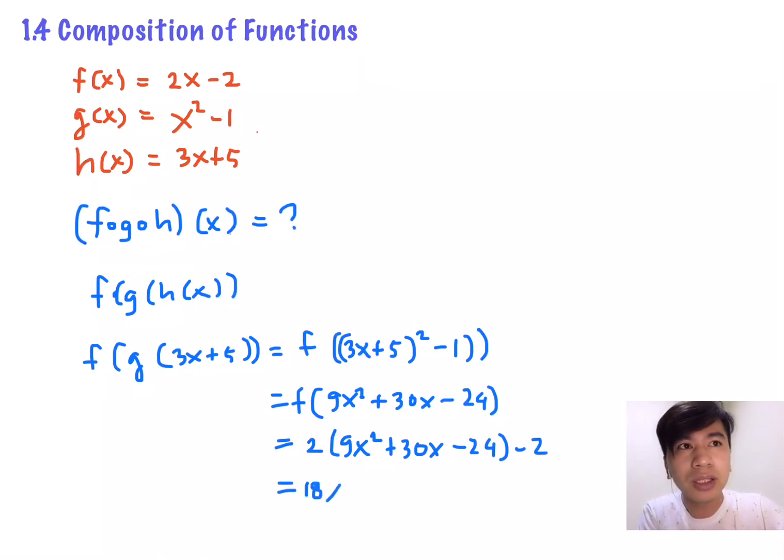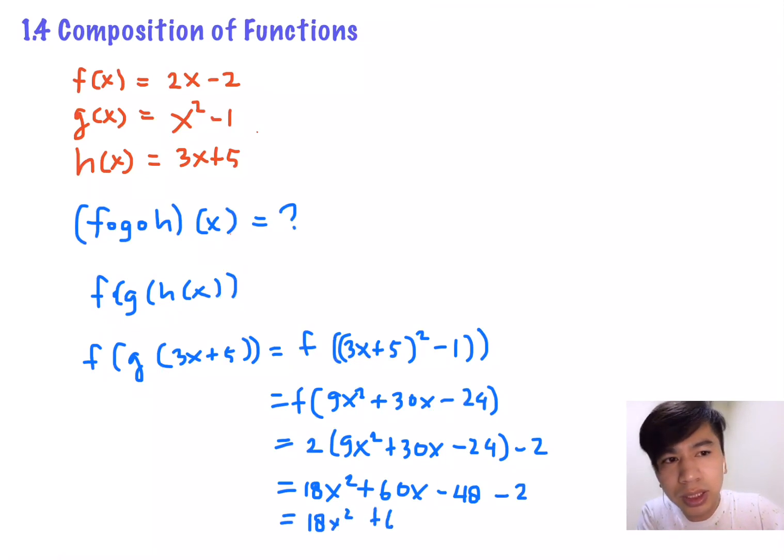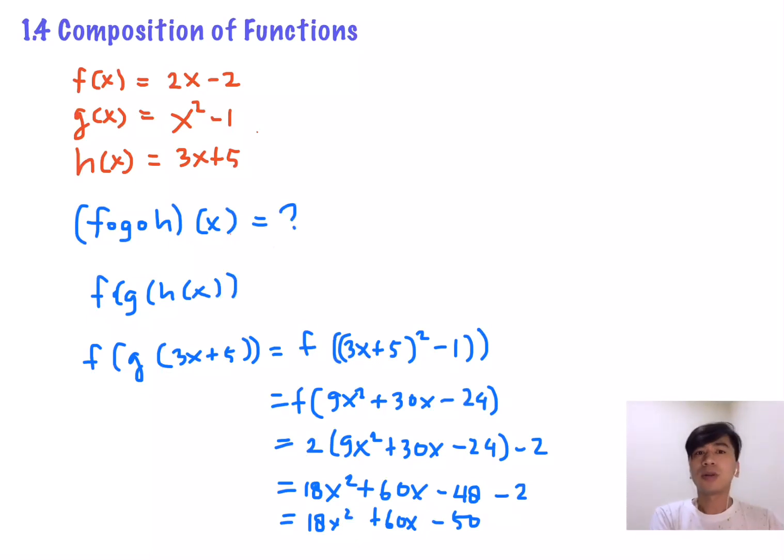So I'll have 18x squared plus 60x plus 48 minus 2, and we'll have 18x squared plus 60x plus 46. If you have f of g of h of x, same idea. This is not a commutative property, so you cannot just swap the order of f, h, and g. It's supposed to be in order.